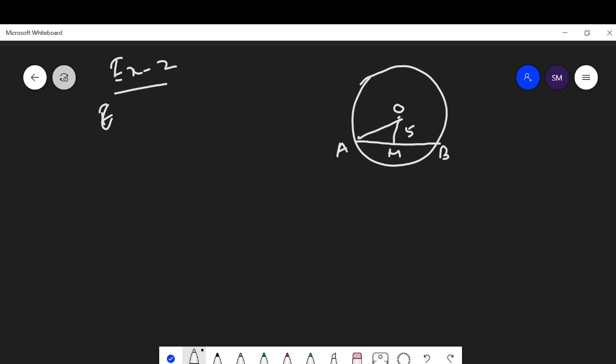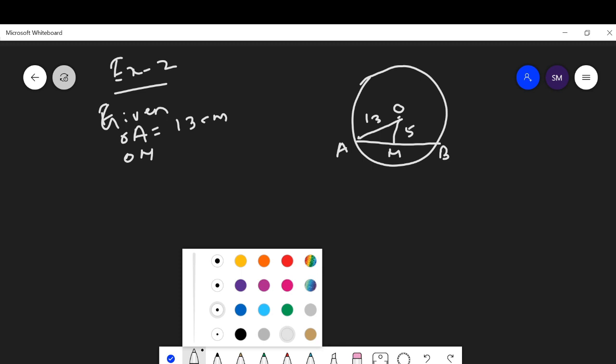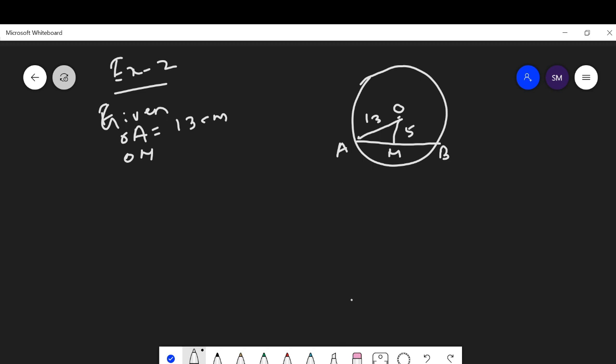Here given, OA radius is equal to 13 cm, and OM is the distance of the chord from the center. Distance of the chord from the center is 5 cm. OM is equal to 5 cm, where OM is perpendicular to AB.